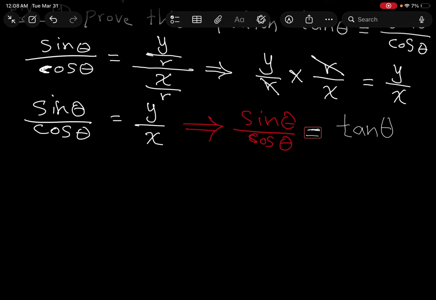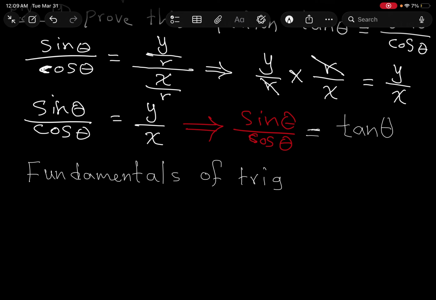So we have the fundamental trigonometric identities. I wrote the abbreviation, I put a dot, identities.